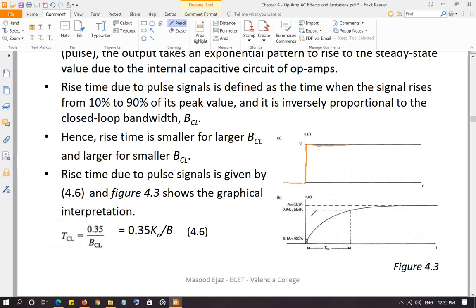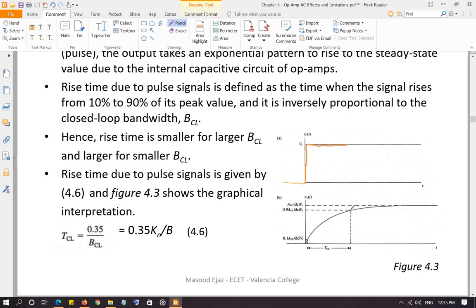The output is not instantaneously going to go from 0 to 1. The gain over here, they're showing gain, but in general we're talking about output because output depends on the gain. So the closed loop gain, in this case, is not going from 0 to 1 instantaneously, rather it is taking an exponential approach. Why exponential?